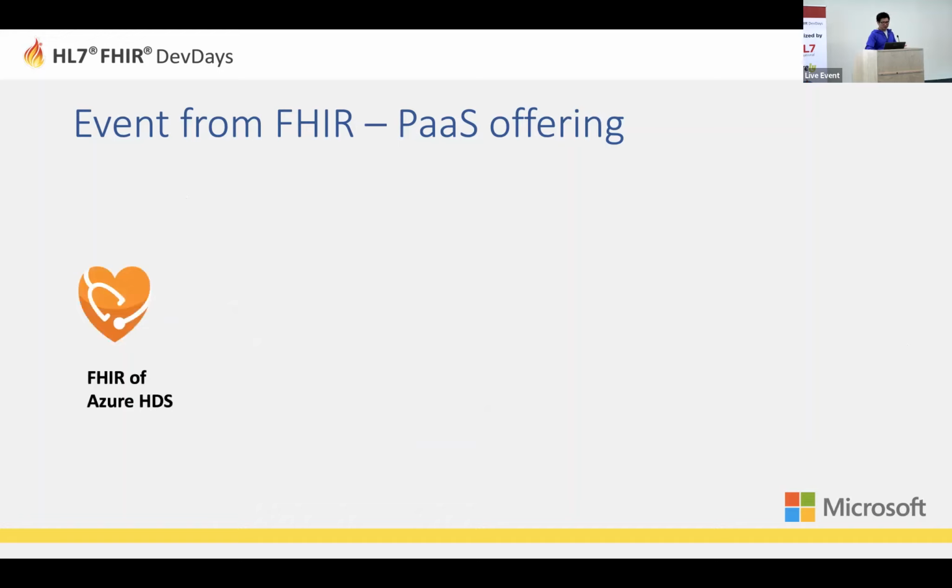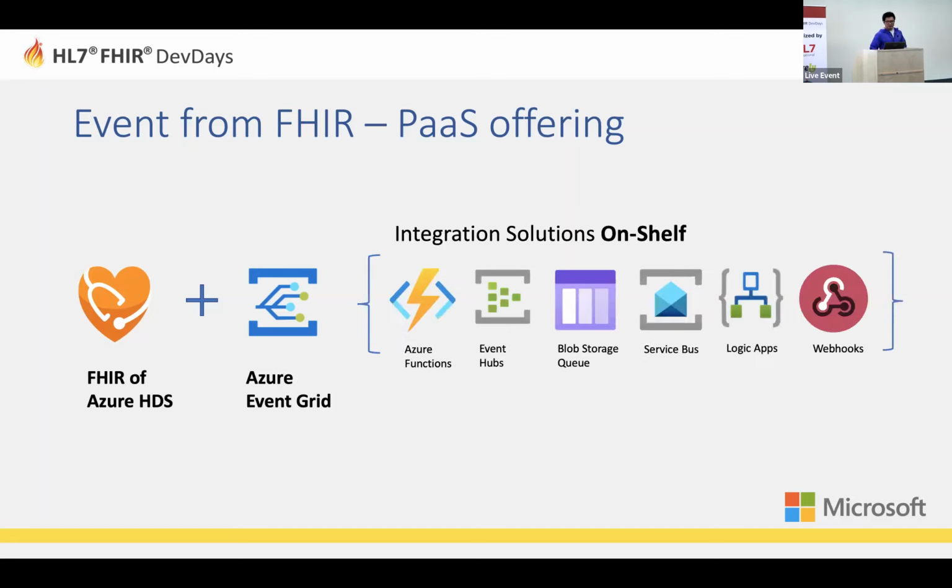Gladly, we are One Azure, One Microsoft. We have another service serving tons of traffic within Azure to facilitate other workflows, which is called Event Grid. Event Grid also gives you a lot of integration solutions on the shelf. You can do a bunch of clicks and trigger Azure Functions, Event Hub, blob storage, Service Bus, and Logic Apps, which is my favorite.